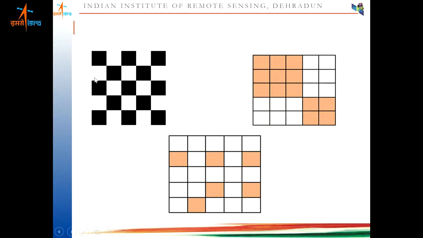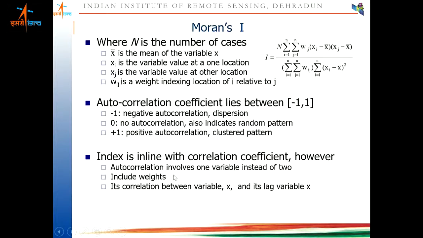Whereas if half of the cells are black and half are white, with black clustered on one side and white on the other, it becomes perfectly clustered and the Moran's I index value will be +1. Here this is the random pattern. Random means there is no correlation, so in this case Moran's I index will be 0.